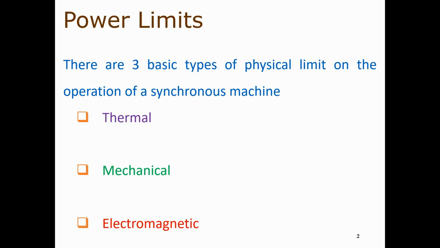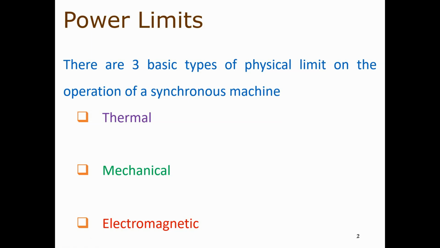So in order to understand the capability curve, we will first try to know what is power limit. There are three basic types of physical limit on the operation of a synchronous machine.